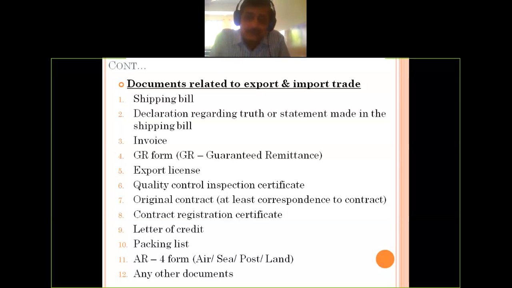Whatever he has promised, once the delivery of products is made and the shipment has reached the importer, he is going to do the quality check, whatever he has expected, whether it is received or not, and immediately he needs to make the payment. That assurance declaration can be called the GR form, guaranteed remittance form. We got the point clearly.